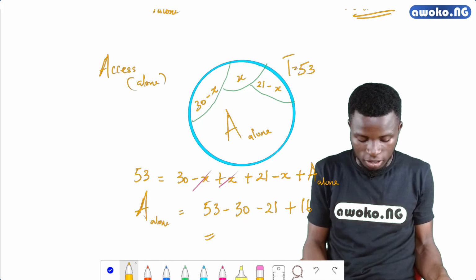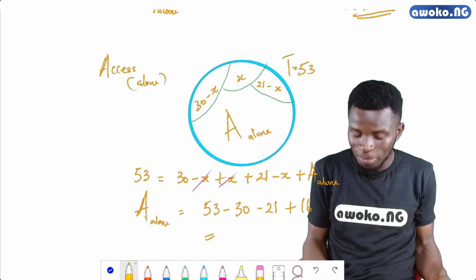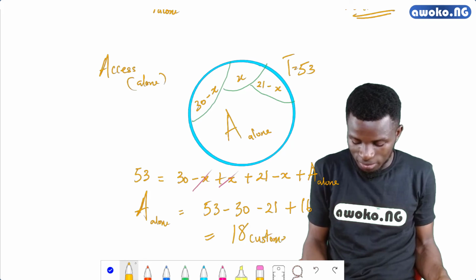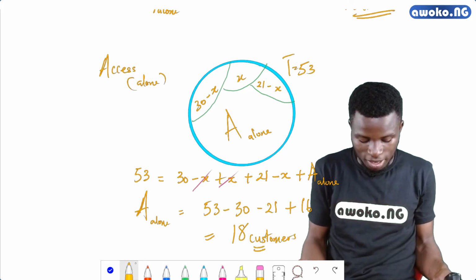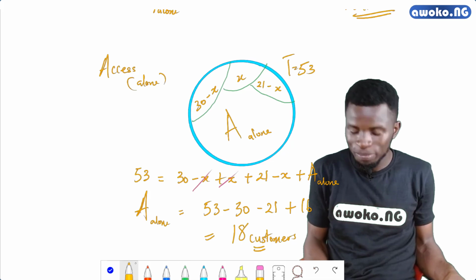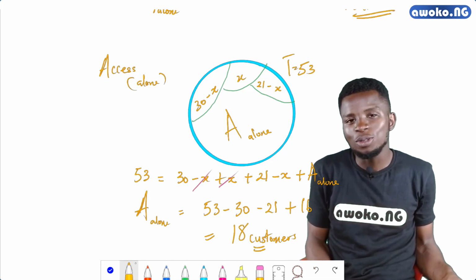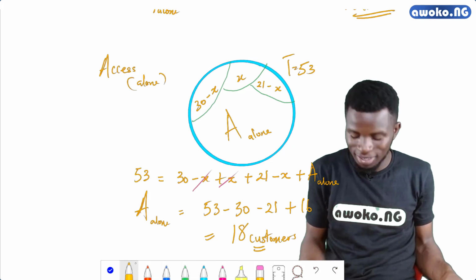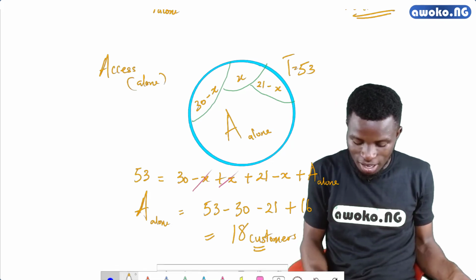And if you do the arithmetic, you realize that Access Bank alone will give us 18 customers. 18 customers.